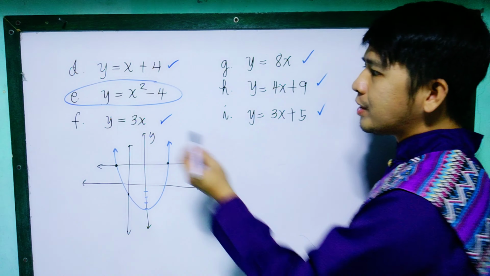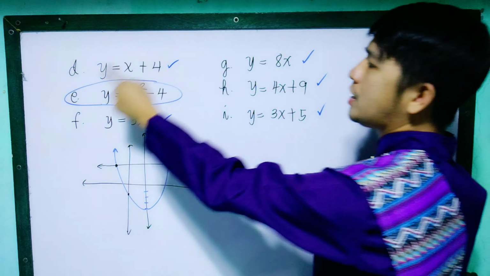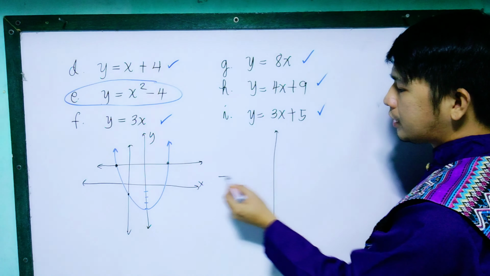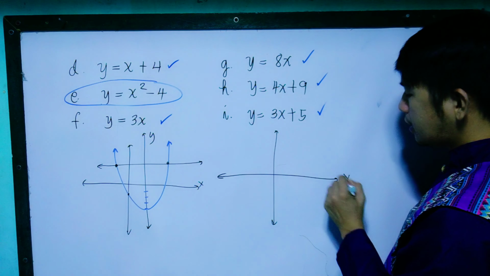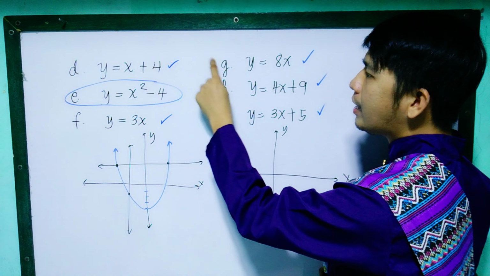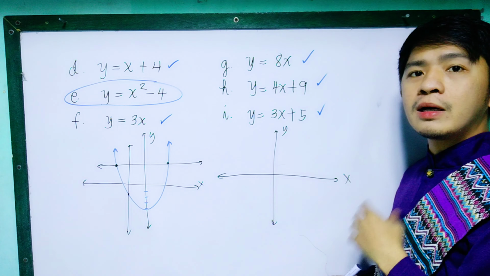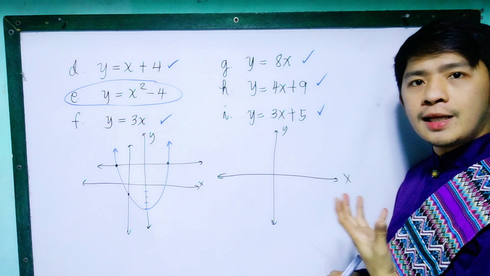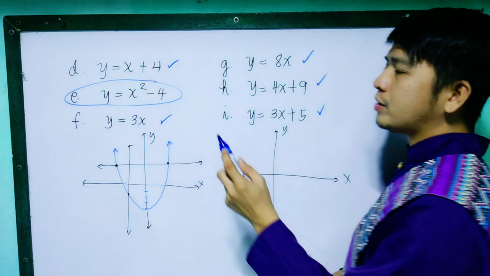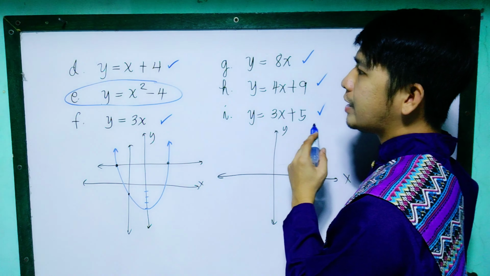Okay? So, gamit naman yung ibang functions, letter D, F, G, H, and I, mag-draw tayo ng Cartesian plane again, X and Y axis. Lahat ng linear function, ang graph niyan ay straight line. Actually, kung makikita nyo, lahat yan ay straight line, no?